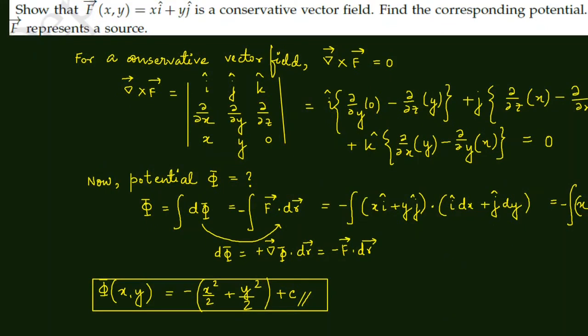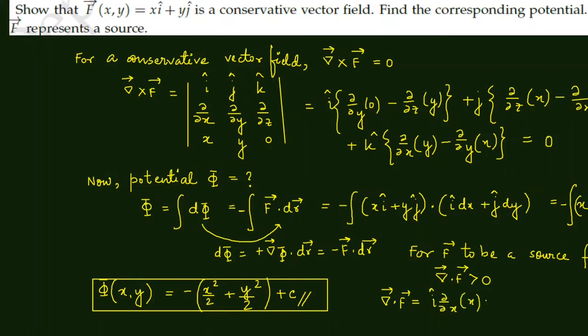Okay. So, now the next part of the question is, you have to prove that it represents a source field. So, what is the definition for a source field? Divergence of F must be greater than or equal to 0, that is, it must be positive.